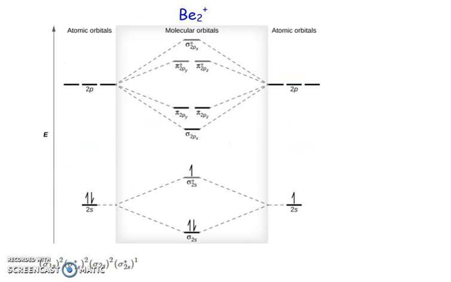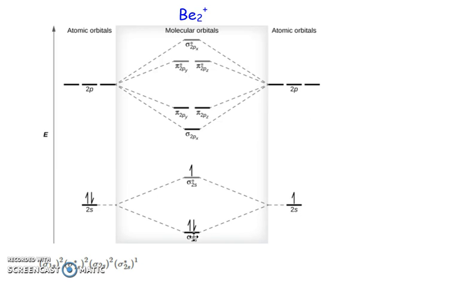So for example, for Be2, the diatomic beryllium with a positive 1 charge, we're only looking at the valence electrons here, so we have the 2s and 2p sublevels for both. There's 1 2s and 3 2p's in both of my berylliums.